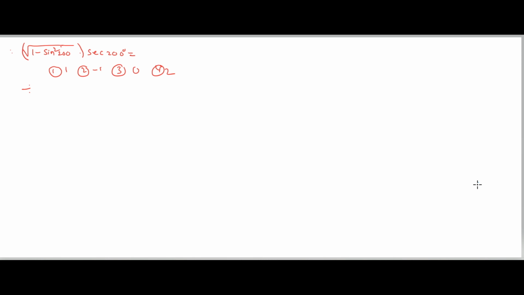Under root of 1 minus sin square 200 degrees into sec 200 degrees is equal to, here is given 200 degrees. This 200 degrees belongs to Q3. So under root of 1 minus sin square 200 degrees is minus cos 200 degrees, because cos is negative in Q3, into sec 200 degrees.